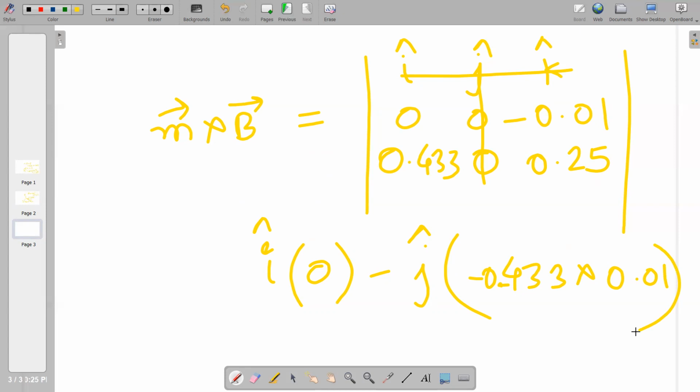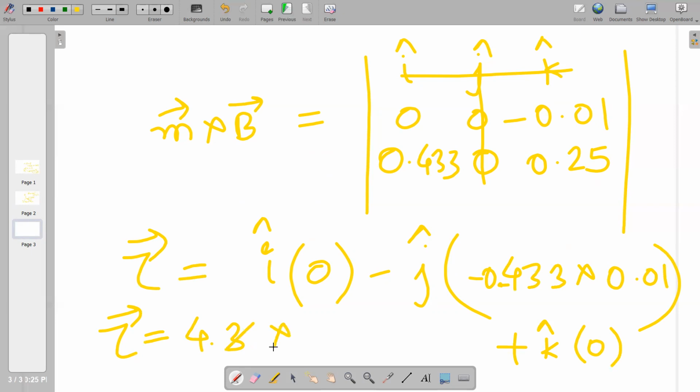And k cap component is also 0. So torque is equal to 4.33 into 10 raised to minus 3 Newton meter, and the direction is minus j cap.